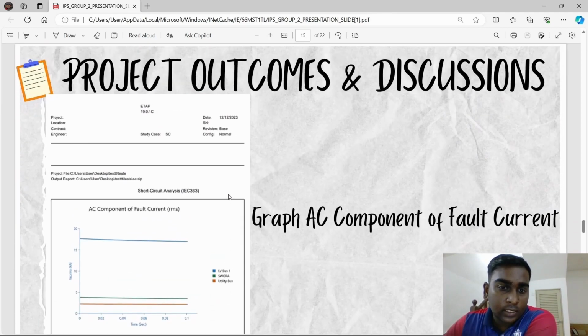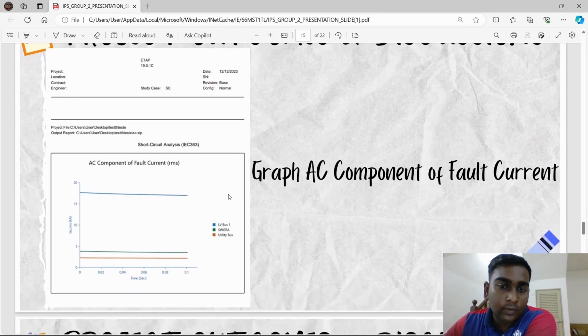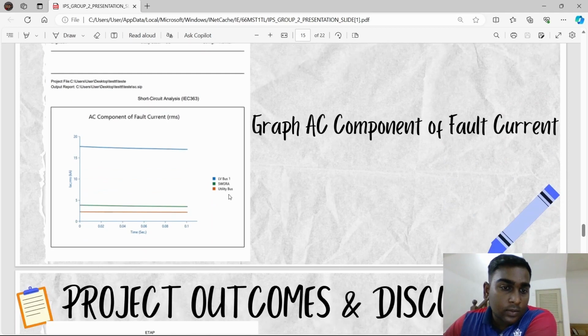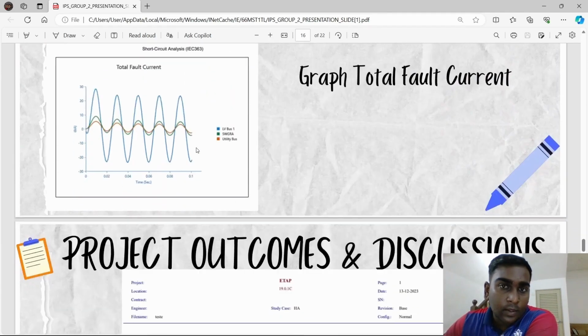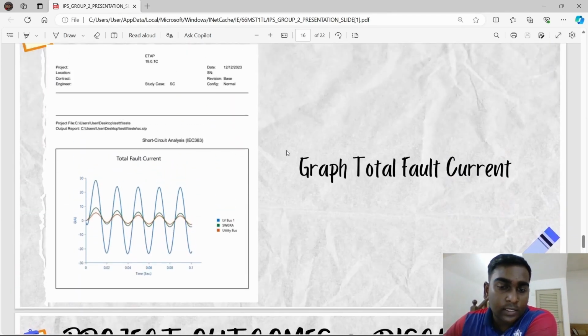Next, we look into the graph of the AC component of fault current. For these three buses, it drops a little bit from the power, and the power is stable continuously. For the last part, we can see the graph of total fault current.